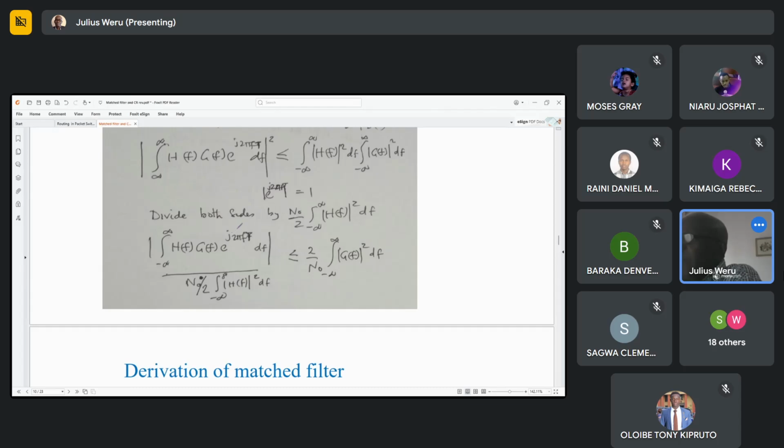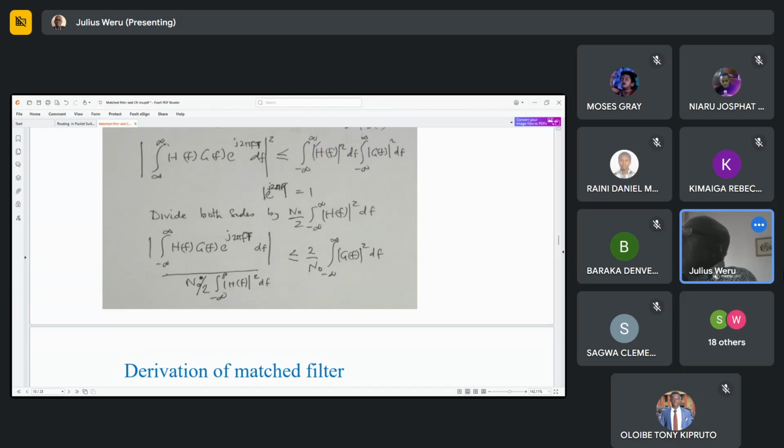So if we divide this, we are going to get this equal or less than this. Because if you divide this by the signal power, this becomes the signal to noise ratio. But what happens if you divide this by the signal power?